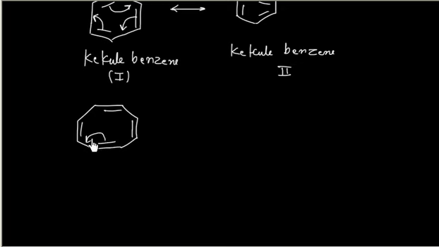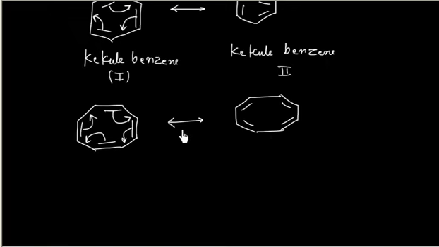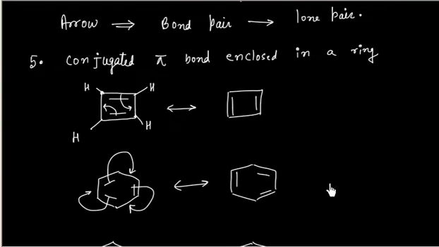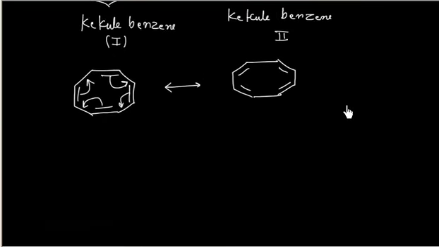We can flow this arrow here, this arrow here, this goes here and this goes here. So we will have another resonating structure. So whenever we have alternate double bonds inside a ring, we can convert bond pair to bond pair to get another resonating structure.